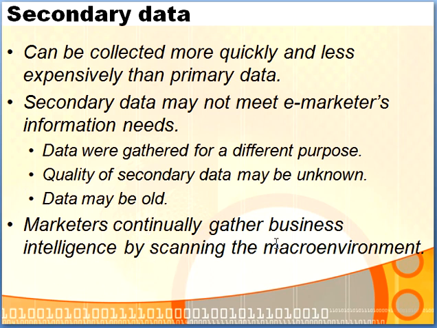Marketers continually gather business intelligence by scanning the microenvironment. When we talk about business intelligence, whenever we use the word intelligence, what it means is we are trying to gather data about our competitors. It is important information because it helps us fine tune our products.